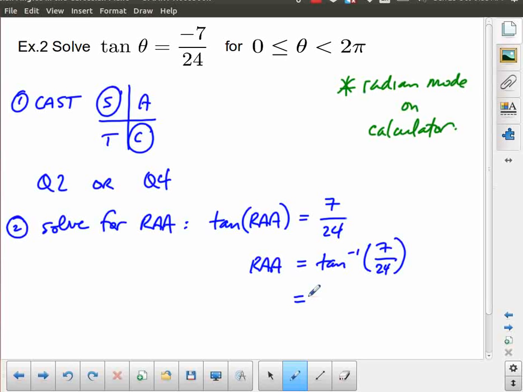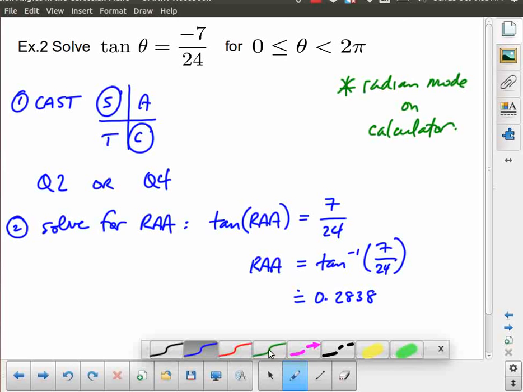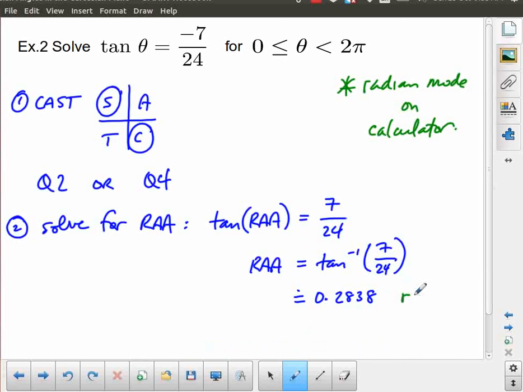So I'm going to take the inverse tangent of bracket 7 divided by 24, close bracket, equals, and I end up with this unfortunate answer, 0.2838. I say unfortunate because it's not going to be exact. I'm going to go to 4 decimal places, 0.2838, and there are no units to go with that, but you could say radians if you wanted to.